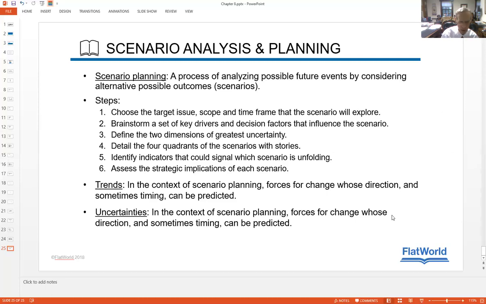So item number 3 on this list is to define 2 dimensions of greatest uncertainty. In fact, this is a research method where we can look at combinations of uncertain variables that are puzzling us.